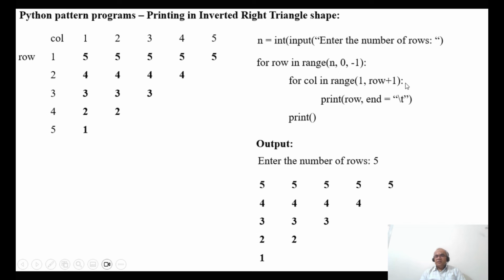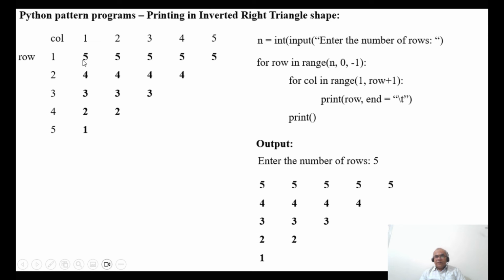1 comma 6. If the column range becomes 1 comma 6, then excluding 6 means 1, 2, 3, 4, 5. In each column I have to print the number. In the first column you have to print 5, in the second column 5, in the third column 5, in the fourth column also 5, and in the fifth column also 5.